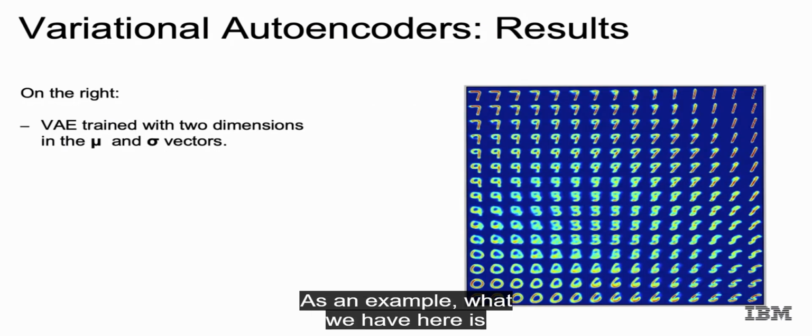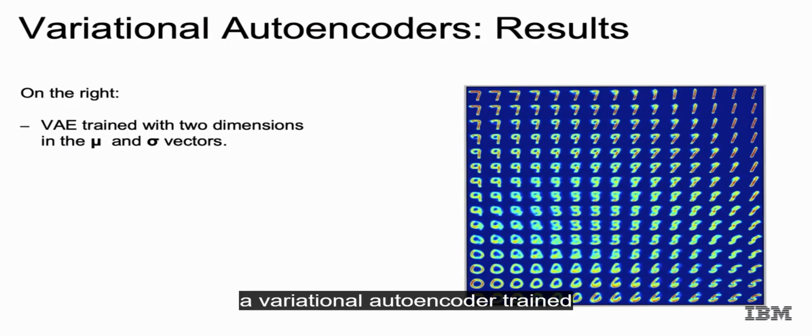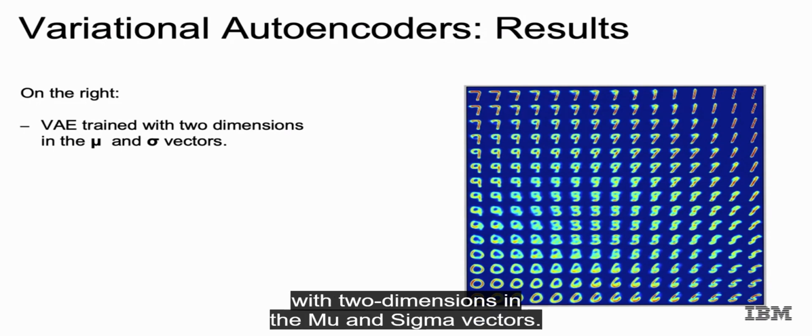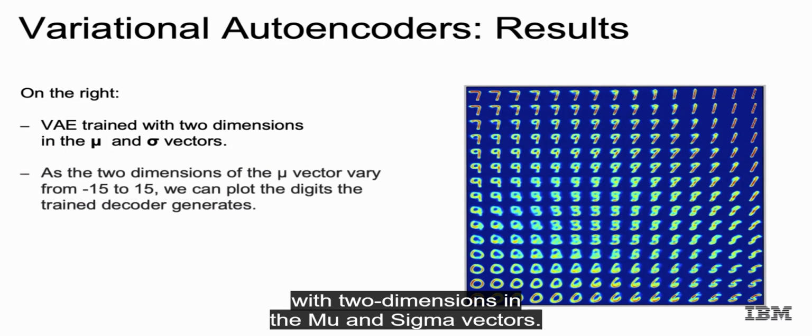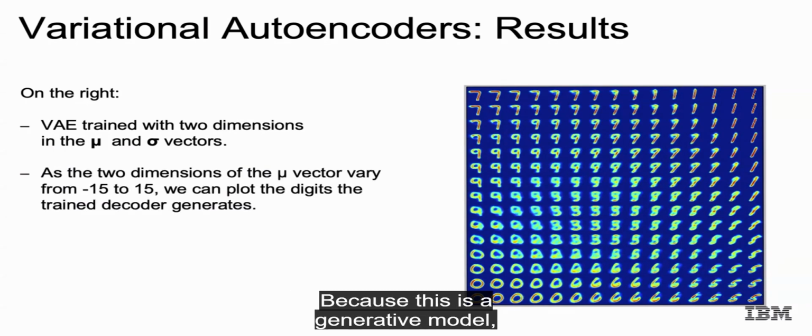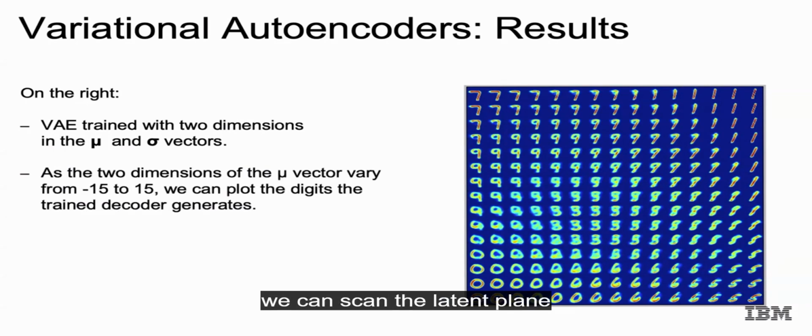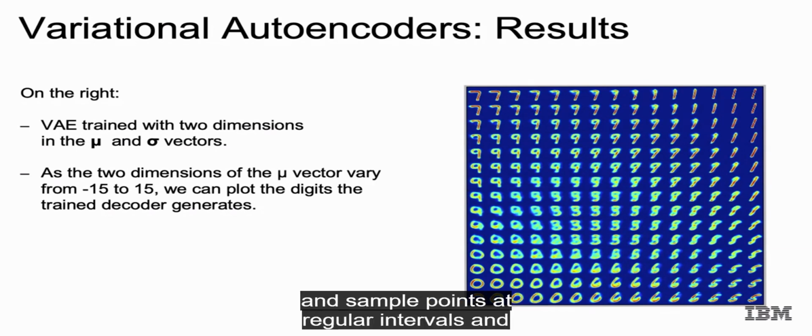So as an example, what we have here is a variational autoencoder trained with 2 dimensions in the mu and sigma vectors. And because this is a generative model, we can scan the latent plane and sample points at regular intervals and actually generate corresponding digits given what we sampled for each one of these points.